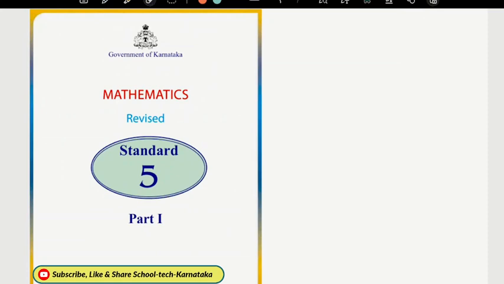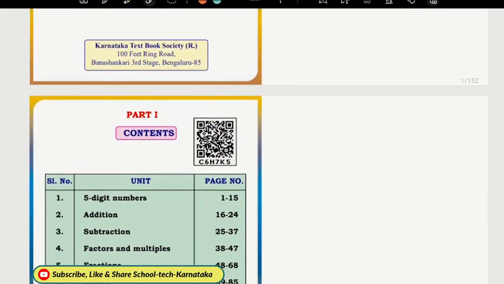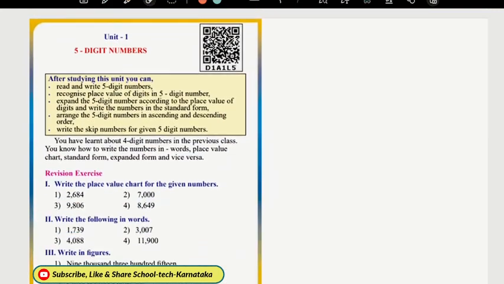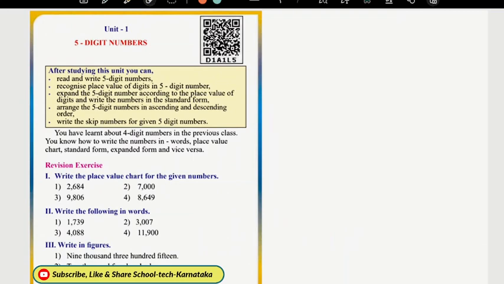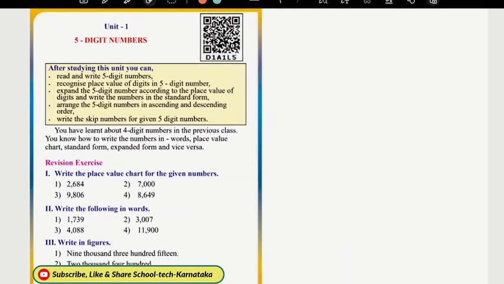We'll be starting with Part 1, and in Part 1, the first unit that we have is 5-digit numbers. So in this unit, we'll be studying how to read and write 5-digit numbers, how to recognize place value of digits in 5-digit number, how to expand the 5-digit number according to the place value of digits, and how to write the numbers in the standard form.